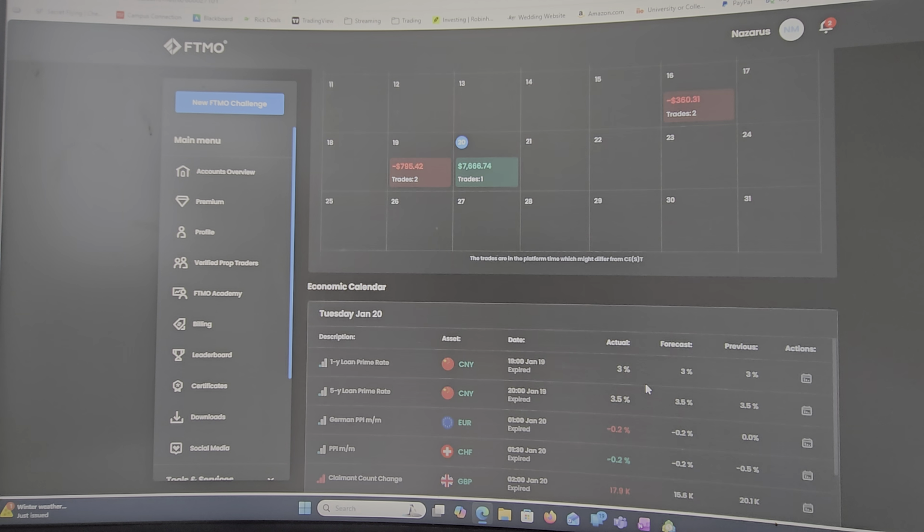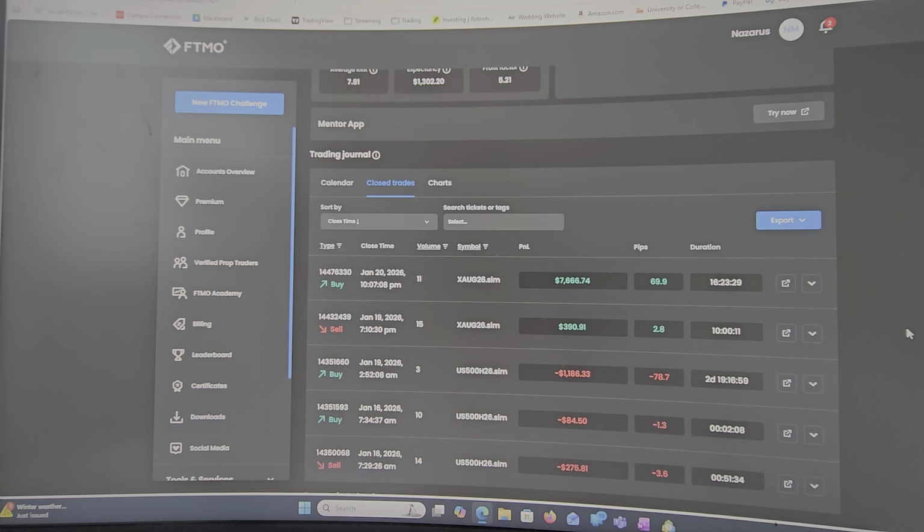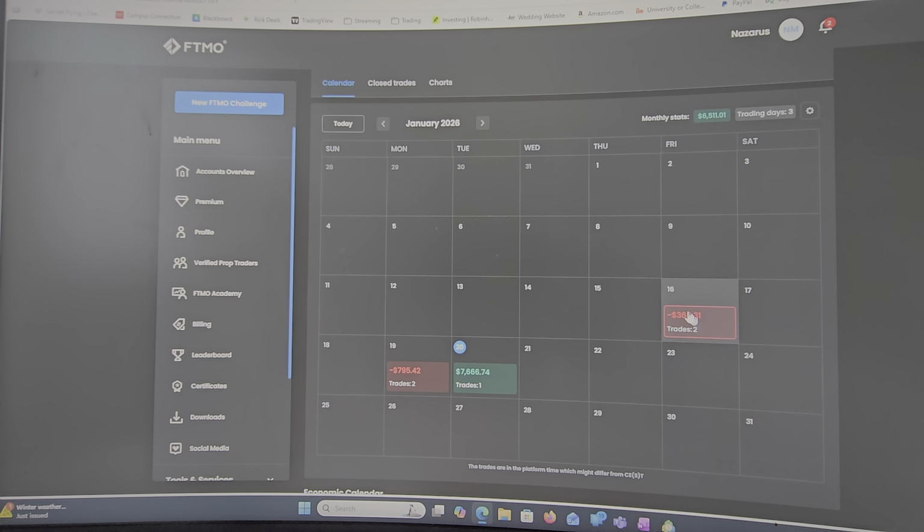Anyways, let's go to the closed trades. Okay, here we are. S&P 500 were both losses for day 1 of trading, January 16. So it had two losses, 84 and 275, which made for these 360 in losses.